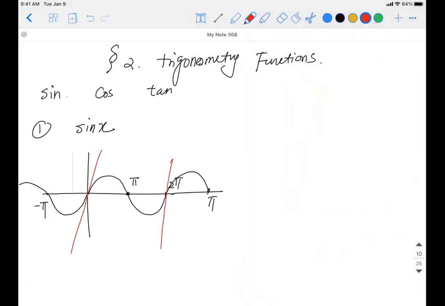Whenever you want to determine some properties of a function, you want to go for certain categories. Number 1, what is the domain? The domain is R, right? You can take whatever value you want. Second one, what about the range?